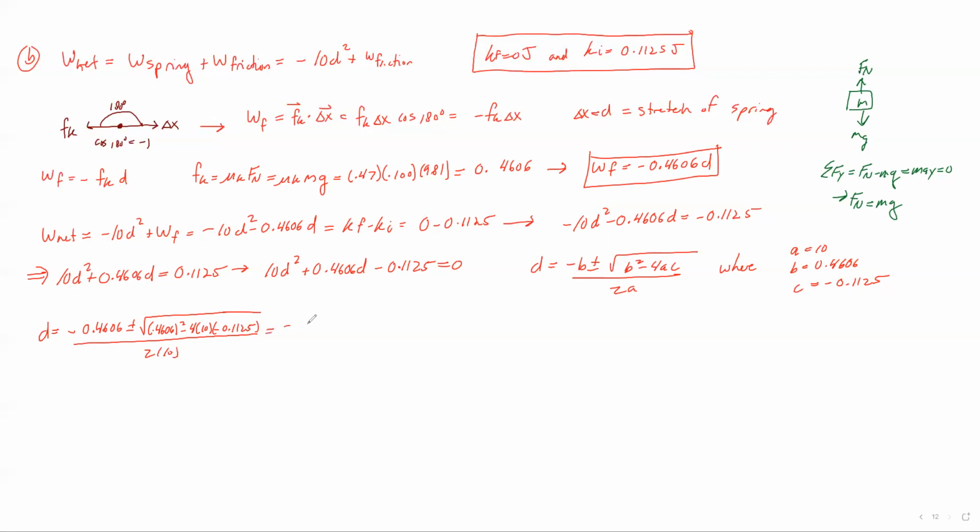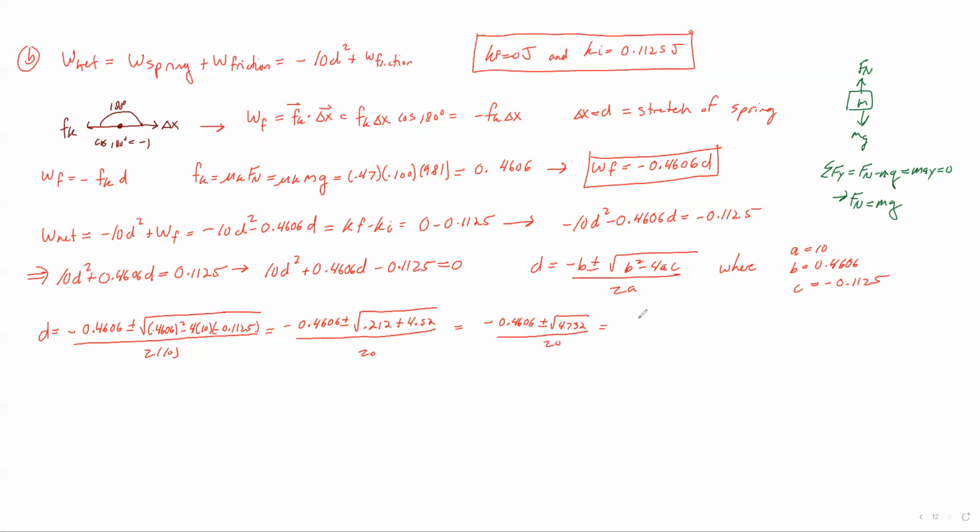So that's negative 0.4606 plus or minus the square root of 0.212 plus 4.52, I am rounding a little bit, divided by 20. That's going to be negative 0.4606 plus or minus the square root of 4.732 over 20.